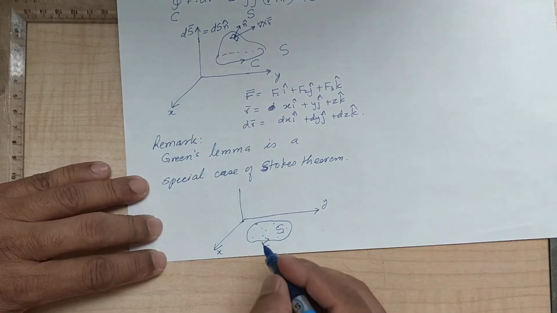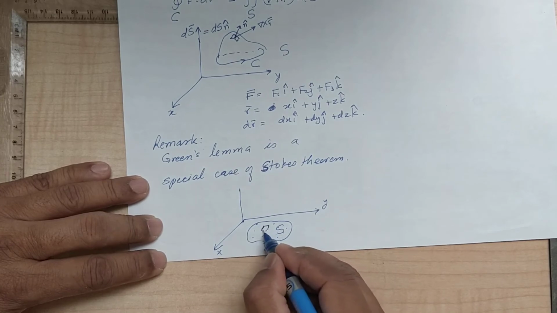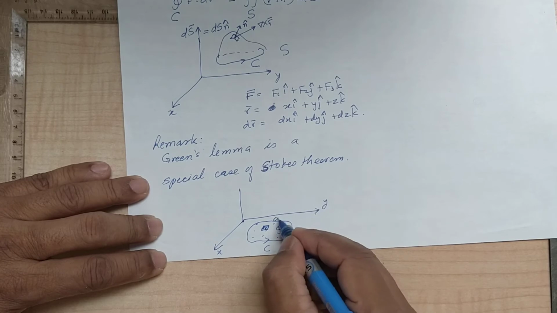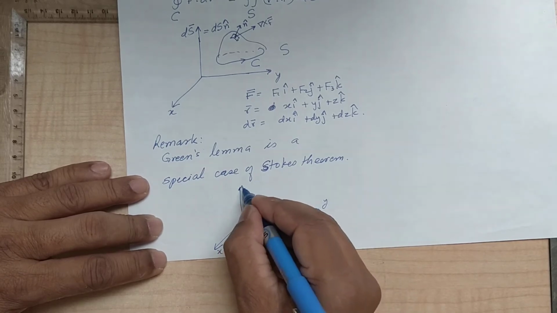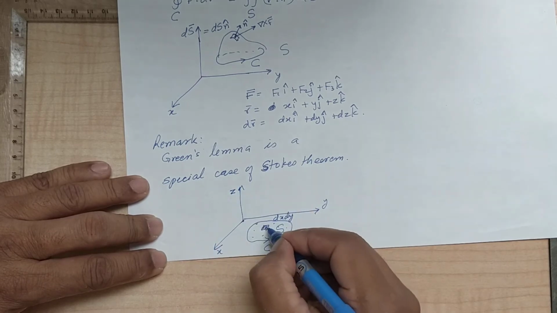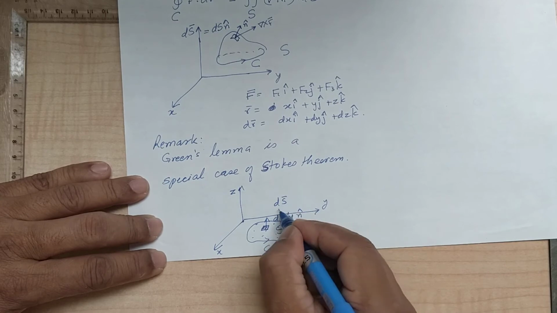What is ds bar? So a small area element will be dx dy, that's the magnitude, and the direction that you wish to give is the one along the positive z axis. So the direction is n cap. This is our ds bar.